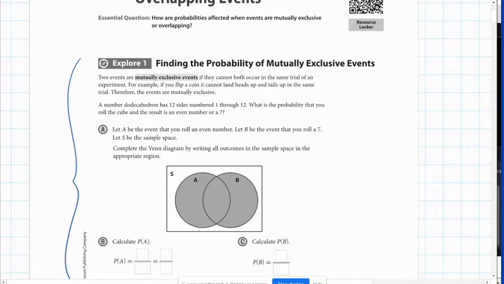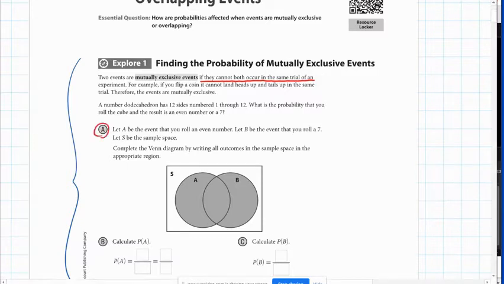So, if the intersection of the two sets is empty, essentially. As it says here, if they cannot both occur in the same trial, okay? For example, flip a coin, it lands on heads or tails, therefore the events are mutually exclusive. It's impossible for a coin to land on heads and on tails at the same time.